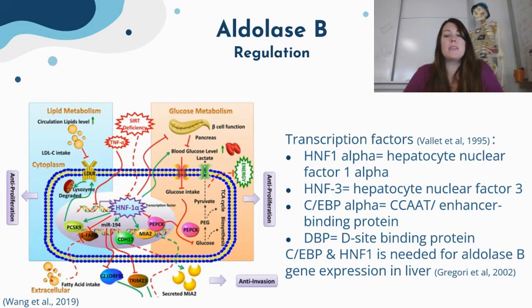And the DBP is a D site binding protein and is expressed in the adrenal glands, kidneys, liver, and many other organs with low tissue specificity. There are over 40 disease-causing mutations, one being hereditary fructose intolerance, identified in the protein coding region of the aldolase gene, some of which impact the transcription factor binding site, decreasing transcription.